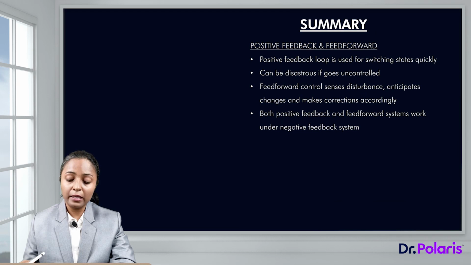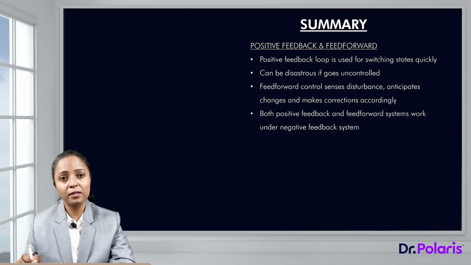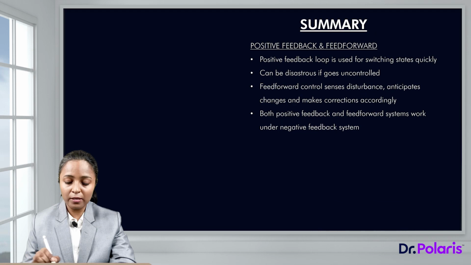Positive feedback is used for switching states quickly. It can be disastrous if it goes uncontrolled, so it has to work under a negative feedback loop, and when the input ends, the positive feedback loop stops. Feed forward control senses disturbance, anticipates changes and makes the changes in the variable; that is an anticipatory change and it is very fast, right? And obviously, not to forget that they both work under a negative feedback system.